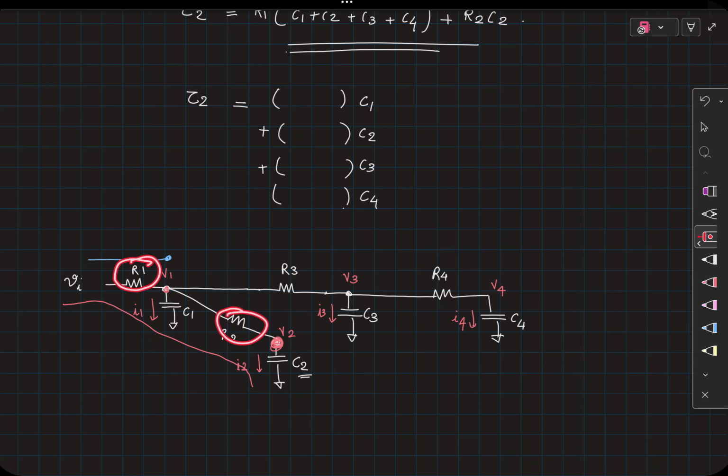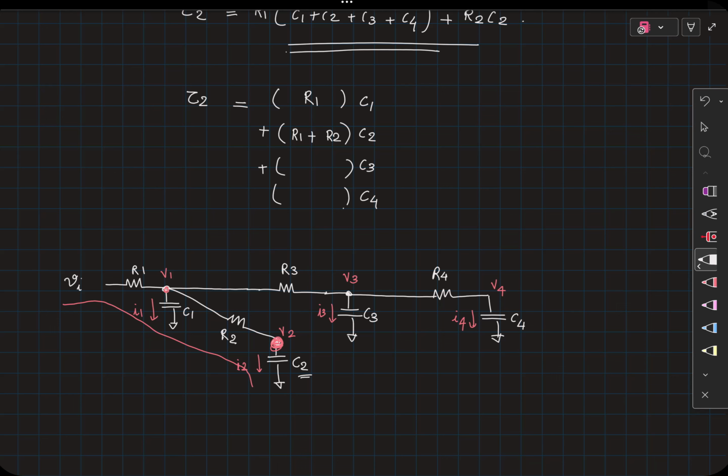R2 is not common to this blue path. Therefore, the common resistance is R1. I write R1 here. Now, when I look for C2, that is, I'm looking at a path like this. Both R1 and R2 are common resistances.